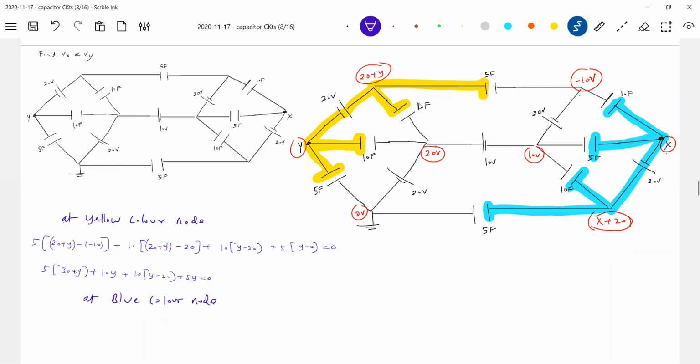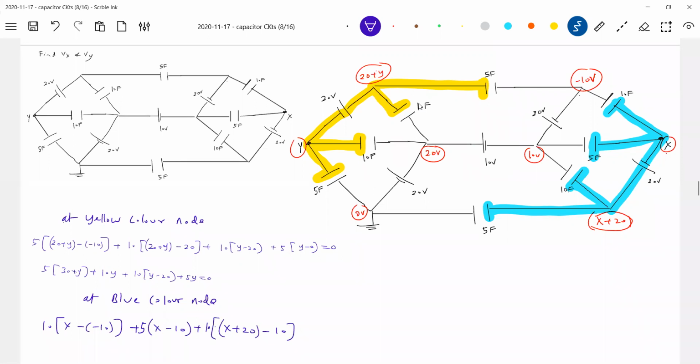Then x minus of minus 10 into capacitance, how much? It is 10, plus x minus 5, x plus 20 minus 10.